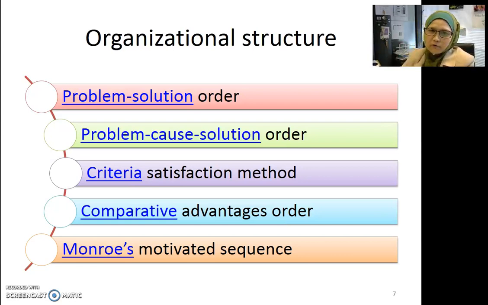So here, for persuasive oral presentation, there are five: problem solution order, problem cause solution order, criteria satisfaction, comparative advantages, and Monroe's motivated sequence.